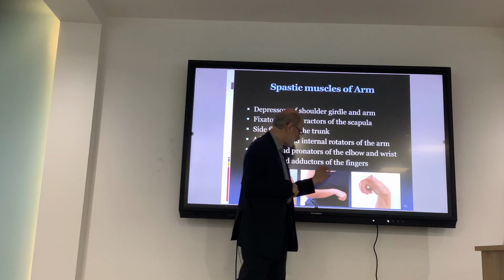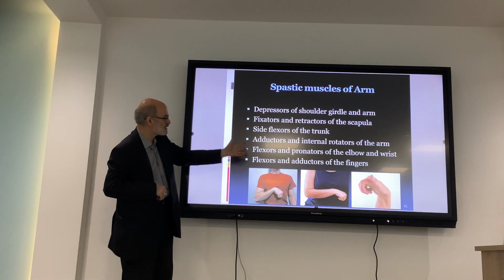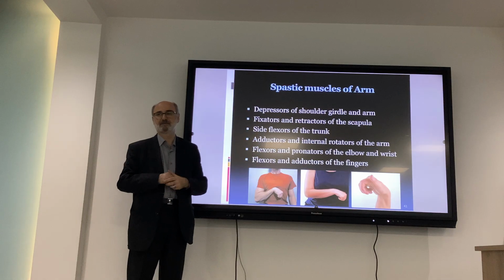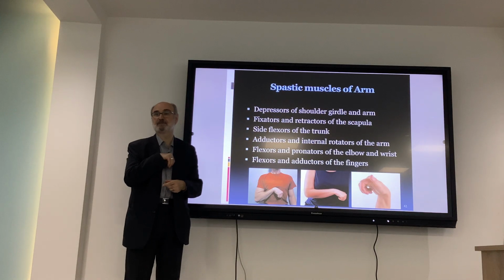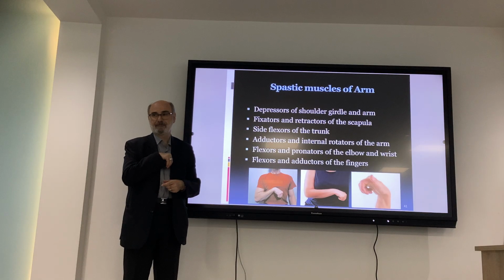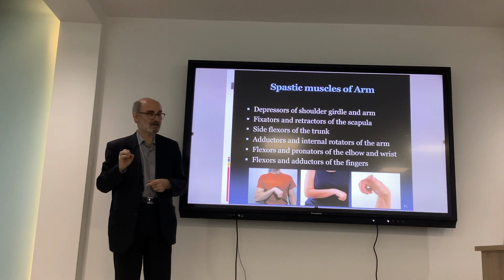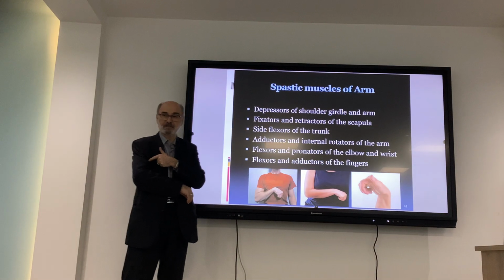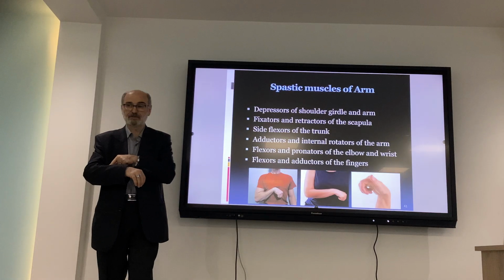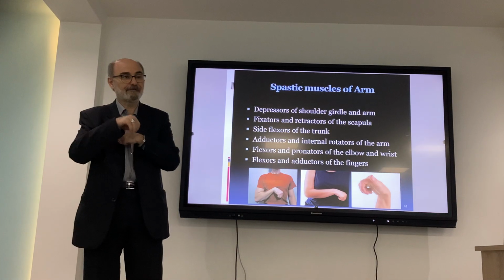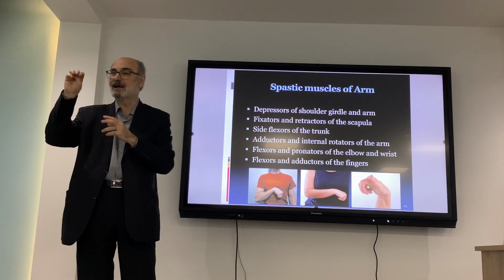All these postures show that these muscles are spastic, producing the typical flexion posturing of the upper limb. All right, retractors, depressors, adductors and internal rotators of the shoulder, flexors and pronators of the elbow and forearm, flexion of the wrist and flexion and adduction of the fingers.